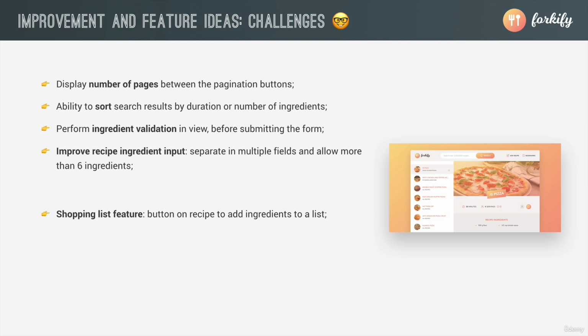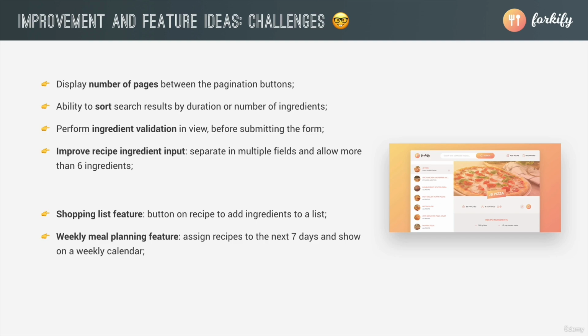Now, the next feature that you can try to implement is a weekly meal planning feature. So you can make this as crazy as you would like, but in the easiest form, you would simply assign recipes to the next 7 days and then show them somewhere on a weekly calendar.